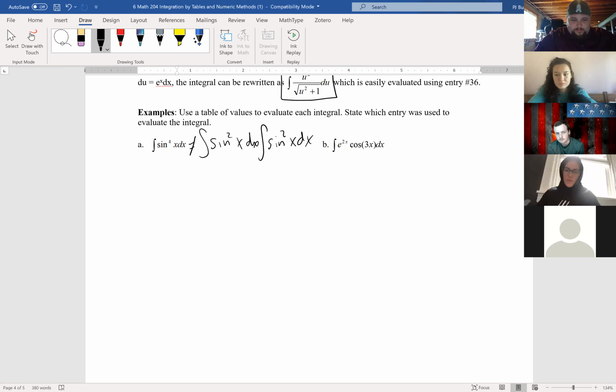So I'm trying to pull up both forms here so I can see them both at the same time. All right.